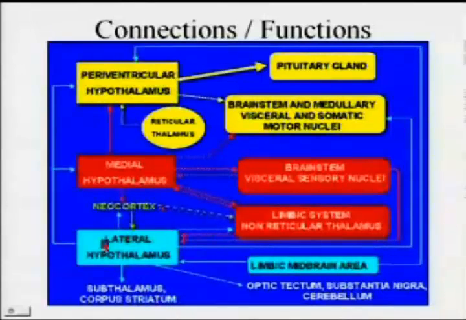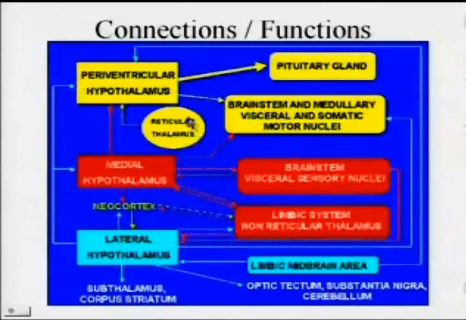So we're beginning to see that the lateral hypothalamus plays a very important role in receiving and integrating a lot of the somatic and visceral sensory input and motor output information and sharing that with the other zones of the hypothalamus.